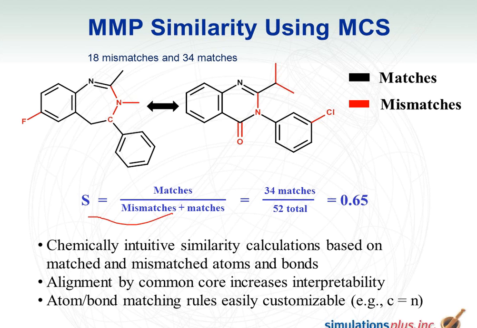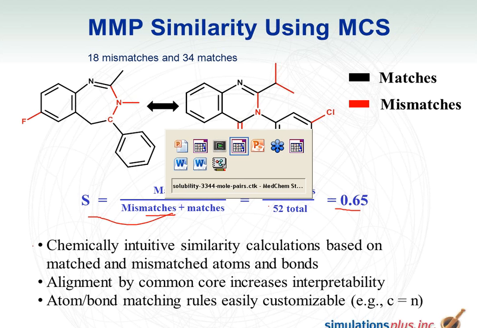It's just based on the number of matched and mismatched atoms and bonds, and we calculate the similarity based on the number of matches divided by the total of mismatches plus matches. So in this pair, there are 18 mismatches and 34 matches, so that would be 34 divided by 18 plus 34, to give a similarity of 0.65 for this example molecule.